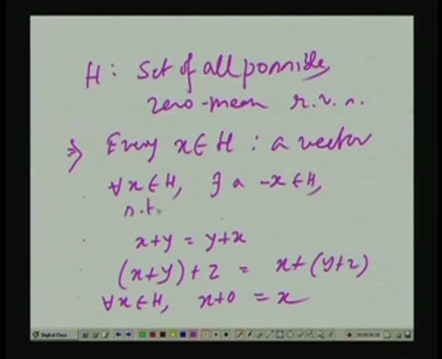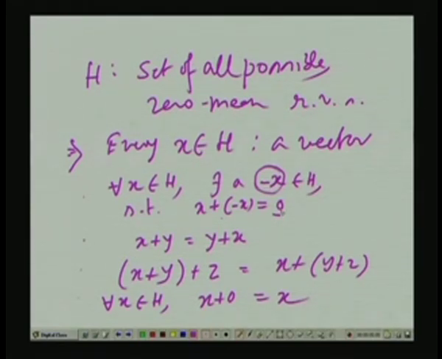When you add x to this particular random variable, this particular vector, with the notation minus x, I say that is a vector, and when x and minus x are added, this should be the 0 vector. So for each x I should have one such vector, so that when these two are added you get the 0 vector. Now, does it exist here?